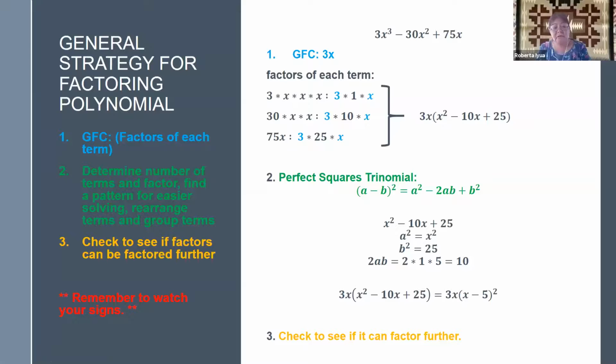So all this stuff we covered is what you're going to be practicing as you look at your polynomial when you're factoring it. And then you're going to check to see if factors can be factored further. So when you get past 2, you have to look at it again and make sure you factored it completely.